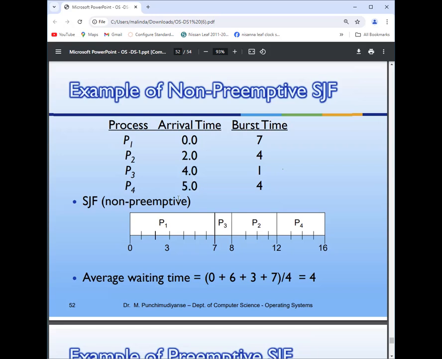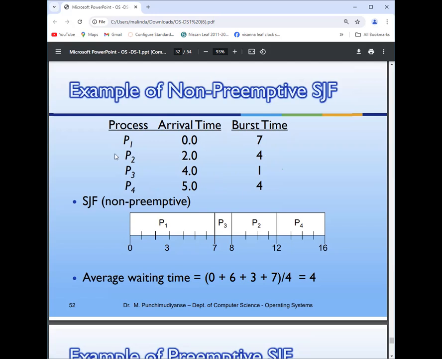The third column is called burst time. Burst time is the time required to do the job. So P1 requires 7 milliseconds, P2 requires 4 milliseconds, P3 requires 1 millisecond, and P4 requires 4 milliseconds.